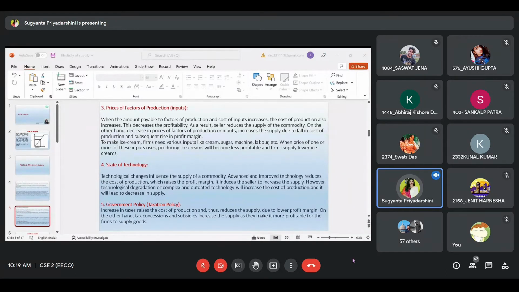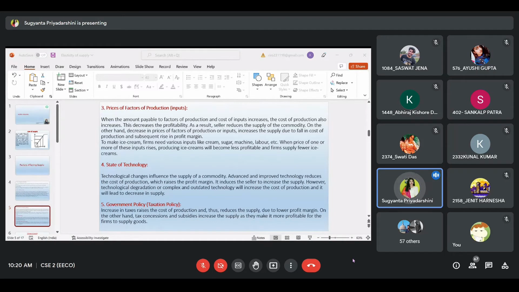Whenever we are dealing with price and quantity supplied, when I'm talking about these factors of production, that means the inputs that have been utilized in the production process in order to get an output out of it. For example, for the production of a table, let us say we require raw materials, for example wood, or laborers who are engaged in producing it, and ultimately capital or machinery to produce it.